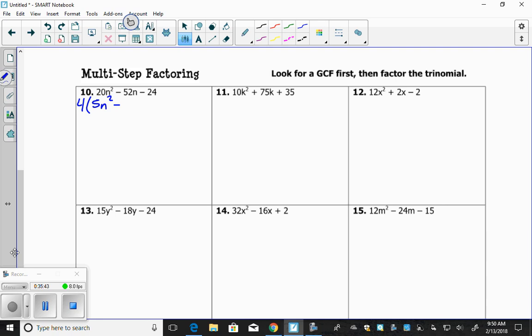I'm dividing all of these numbers by the 4. Minus 8. Okay, so step 1 is to what?